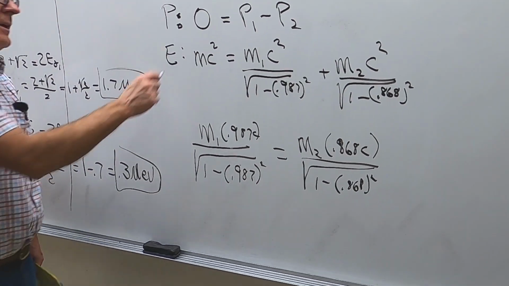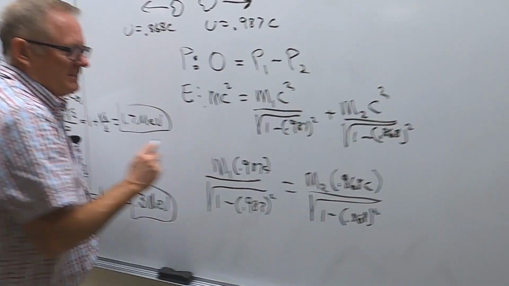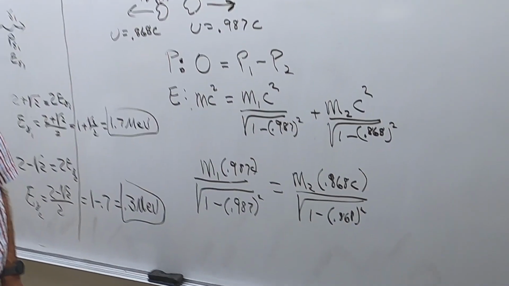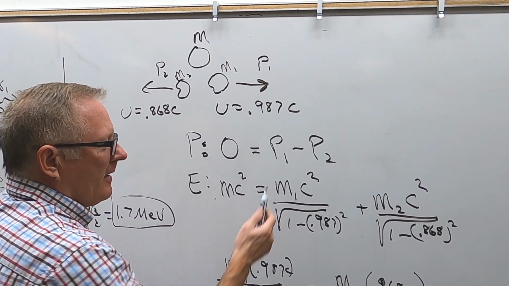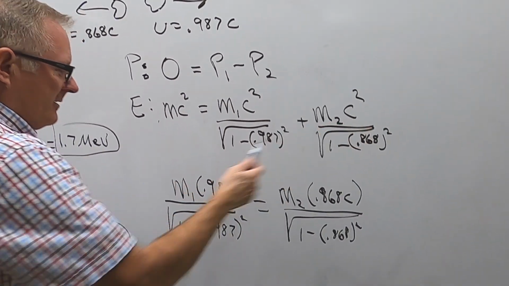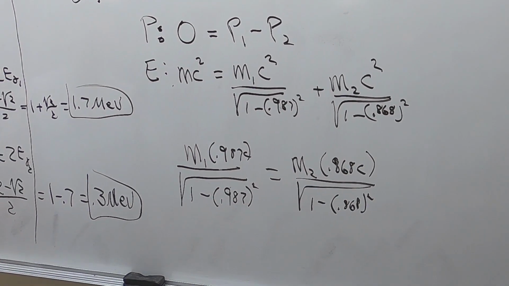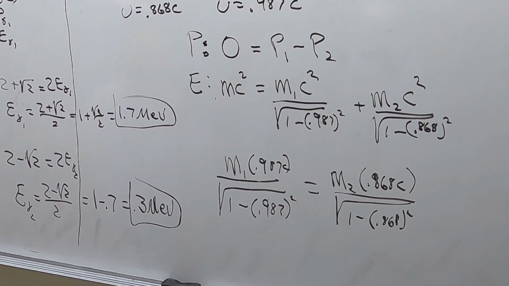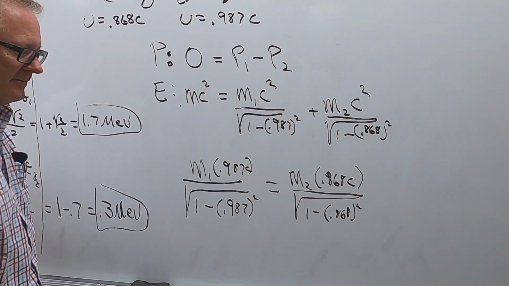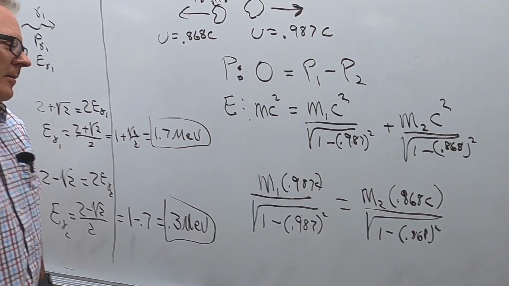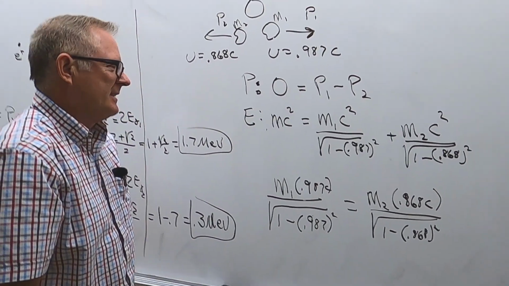Okay, so now we have this equation and we have this equation, and we only have two unknowns. We know m, they gave me m, and I know everything else, so it looks like all I have to do is solve for m1 and plug it into the other. Okay, I don't even know if I want to do that because then it's just algebra.